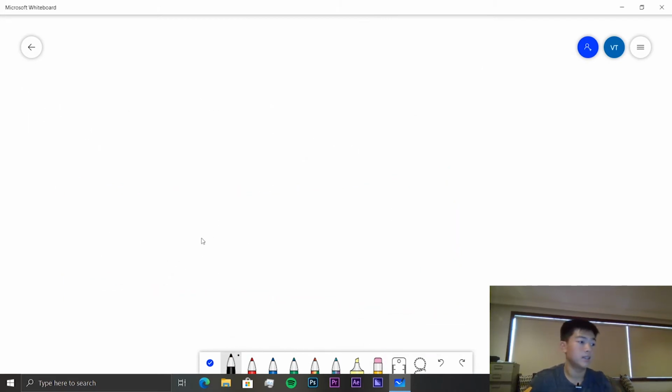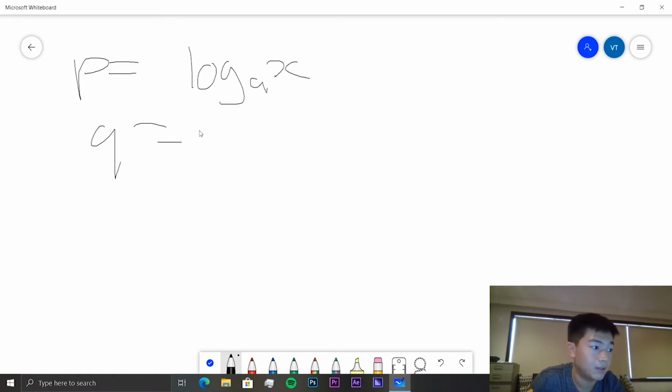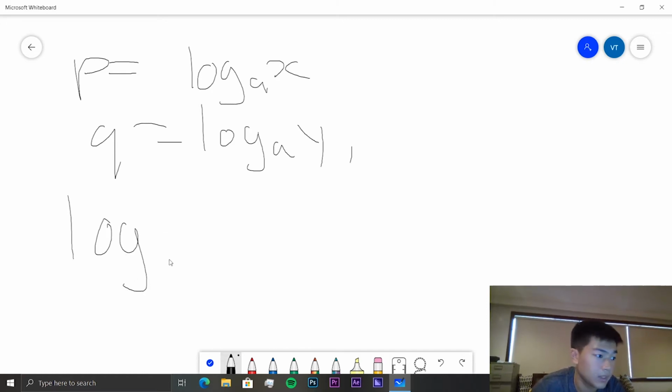Next, let p is equal to log ax, q is equal to log ay. Show that log xy to the a is equal to 1 over p minus q.